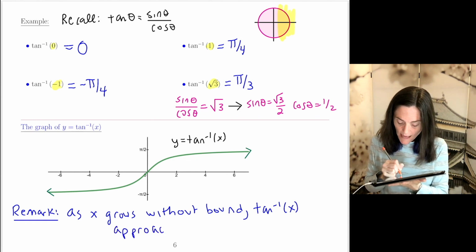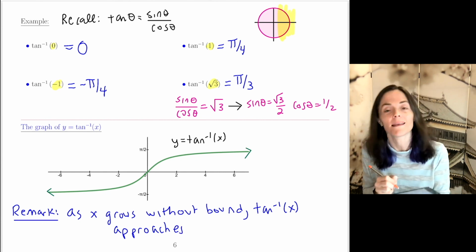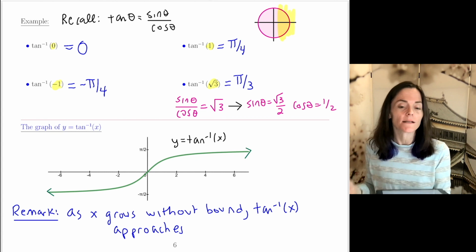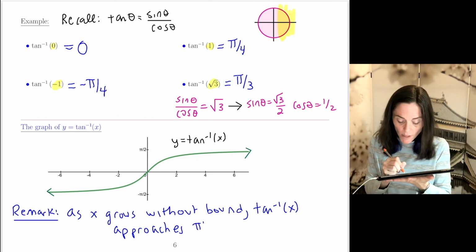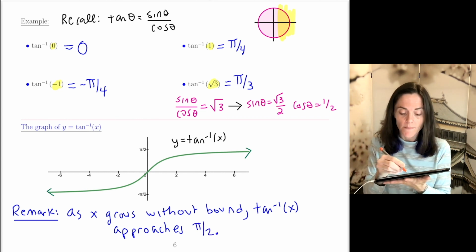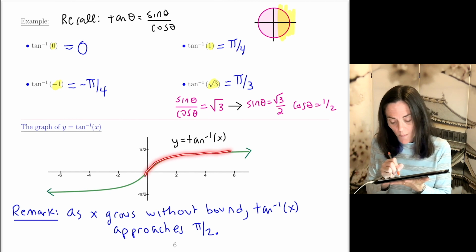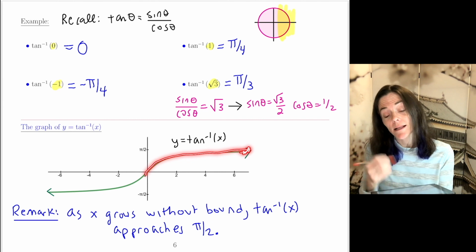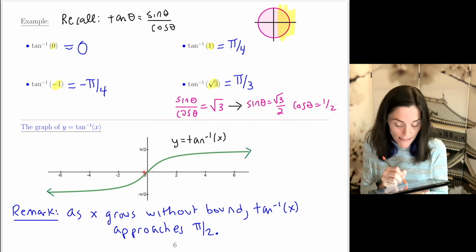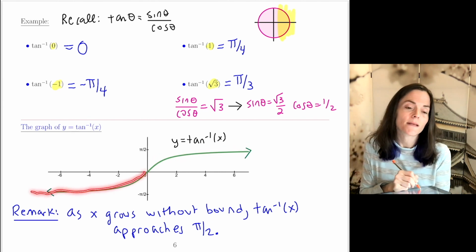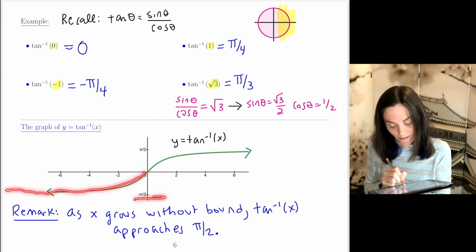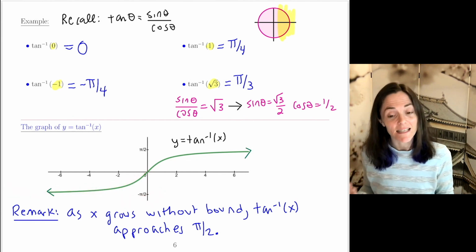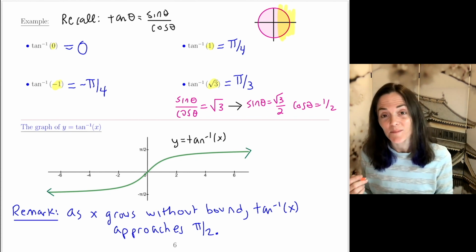And this is something that you will study more in Calculus 1 and use, I would say, fairly often in Calculus 2. It's really saying something about a limit. But we see as x grows without bound, the function is approaching pi over 2. And similarly, you could make the remark that as x decreases without bound, the y value is approaching minus pi over 2. But I would just leave this one remark, which was an important one.